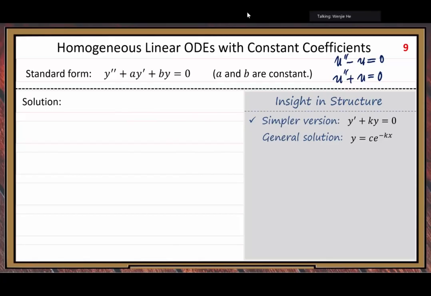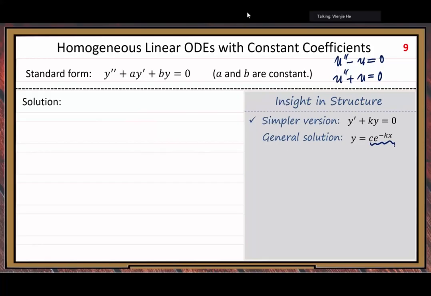Here you can see the main building block of your solution is the exponential function. So the exponential function must have some special property. Does it give you some insight for the current ODE? The exponential function is very special.